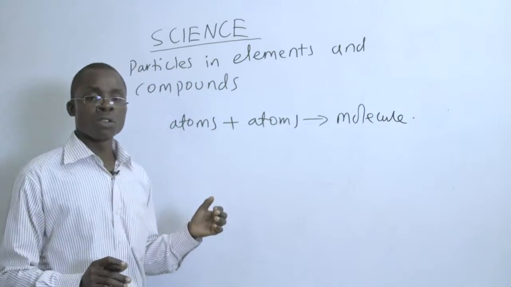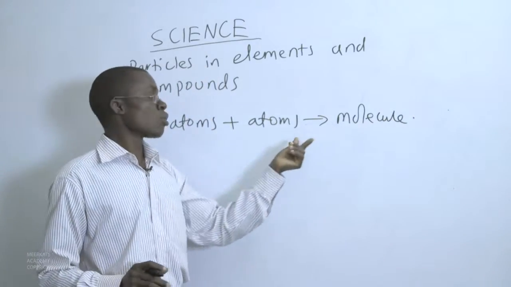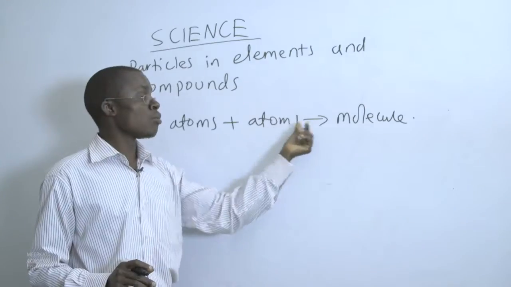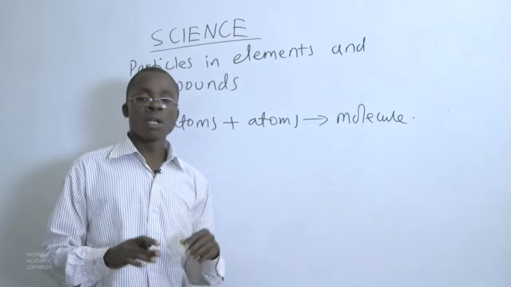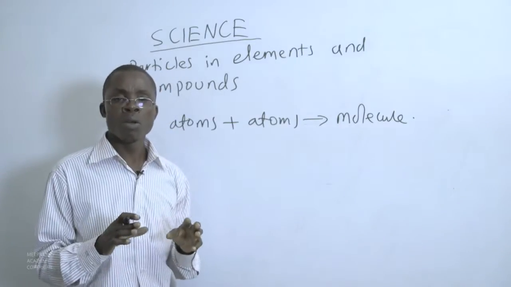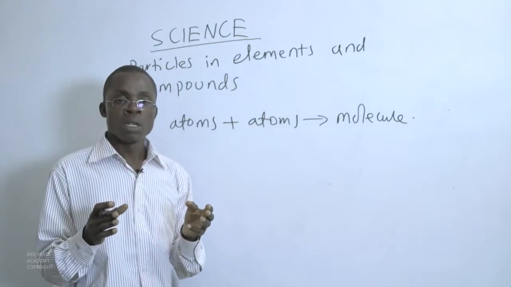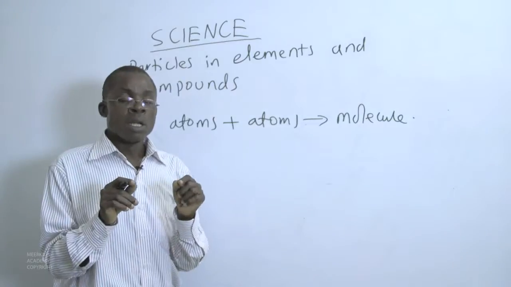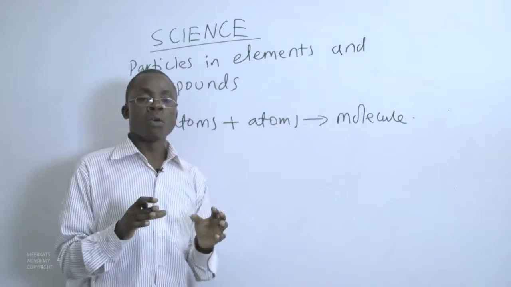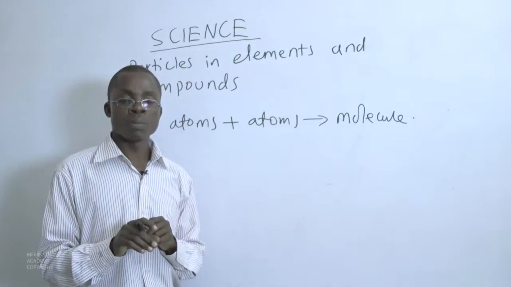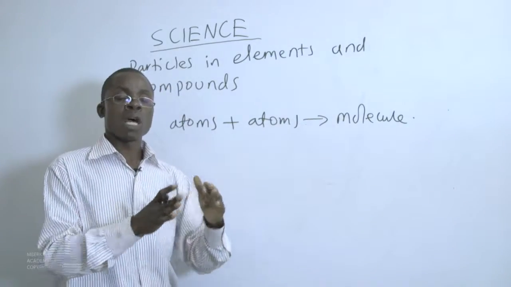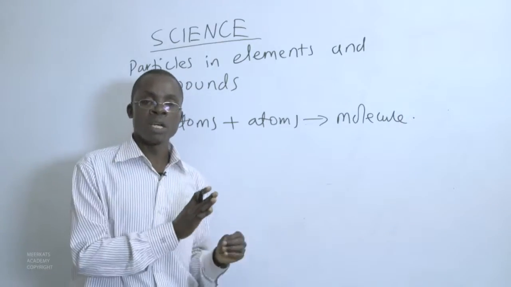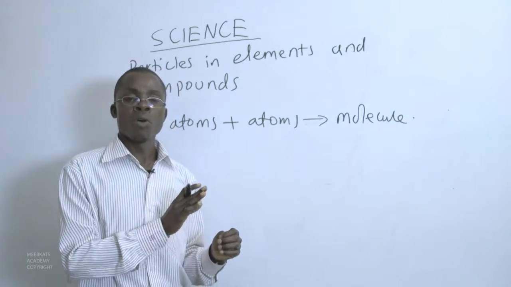A molecule is also a small particle, but a little bit bigger than an atom, because a molecule can be made from atoms. But this molecule cannot easily be separated by physical means. So whatever a molecule forms can also be called a substance, and that substance can later be called a pure substance of that particular type of material.